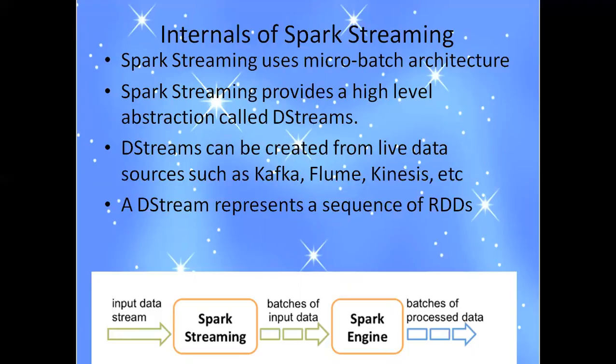After that 30-second time slice is over, there's a cutoff, and you get an RDD, and you process that RDD, and then go for the next 30 seconds worth of data. So that's how it works. If you want really low latency, you make that 30 seconds 100 milliseconds. So every second it will make 10 of those batches.